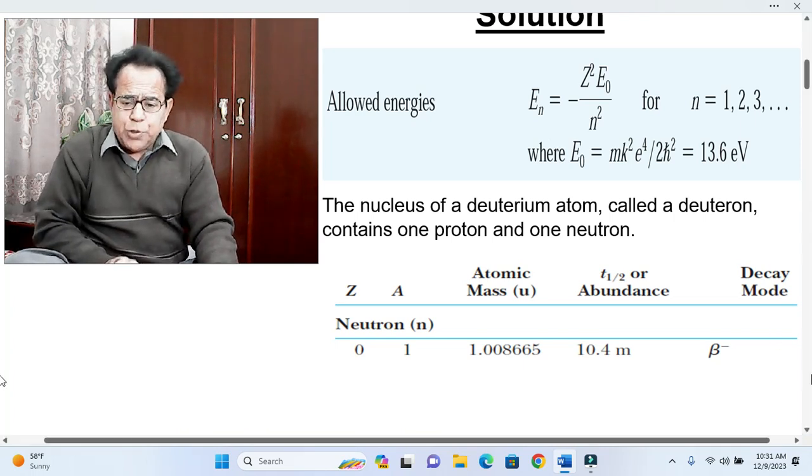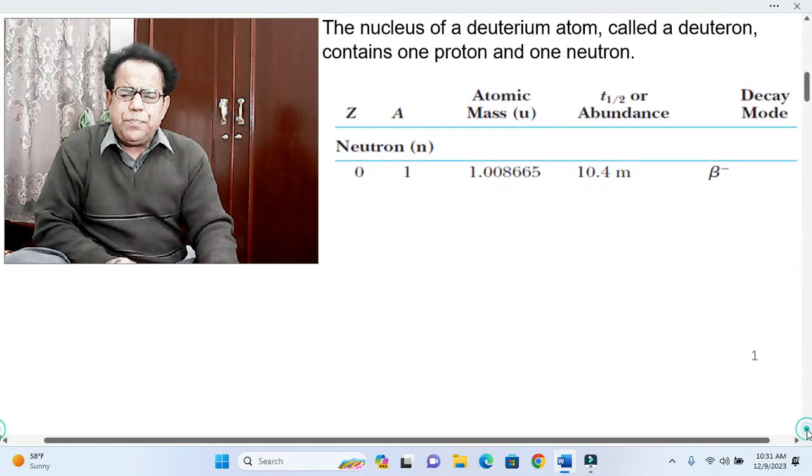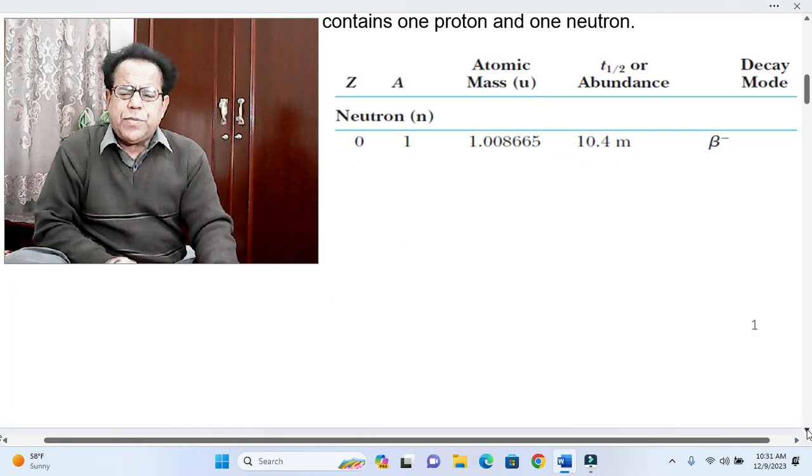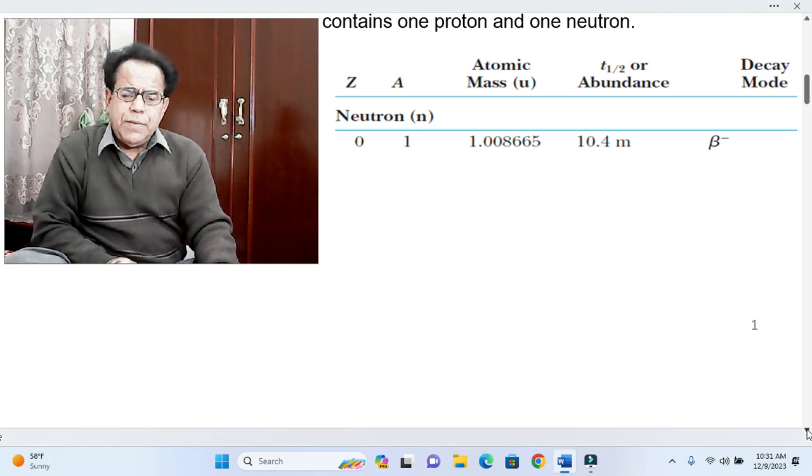Next snapshot is one in which a table has been shown. Dear students, actually this table is very lengthy, consisting of several pages and a lot of columns, but I have chosen just a small part of that table in order to develop a sense of understanding.